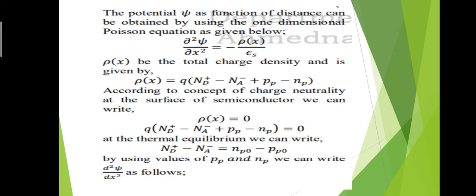By using the values of Pp and Np, we can write d2 psi by dx square as follows.